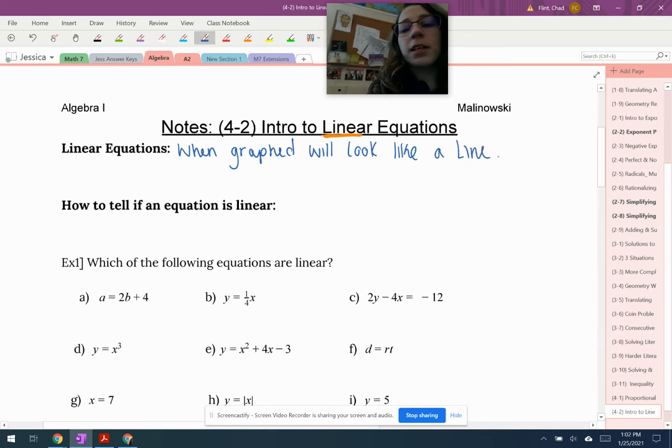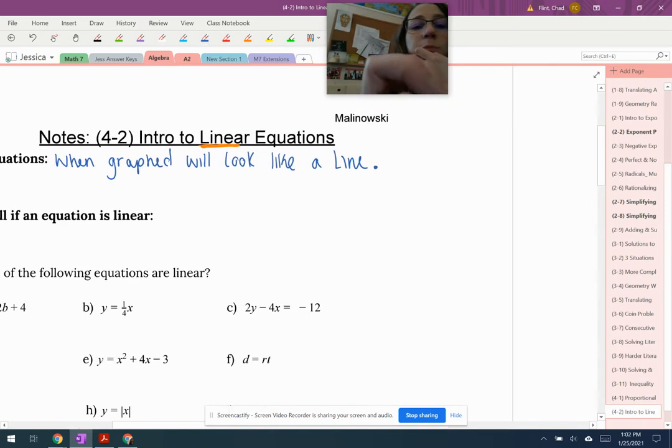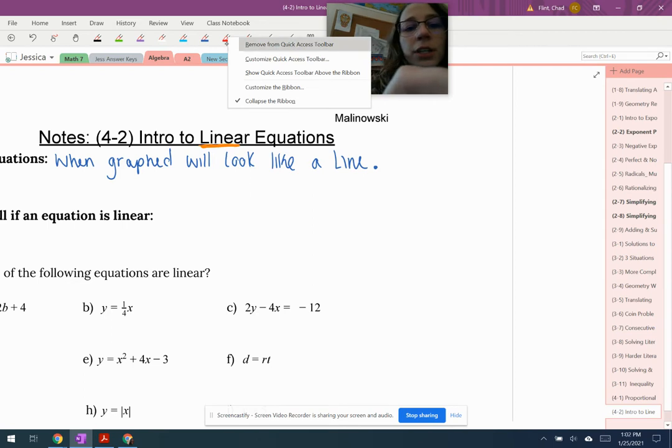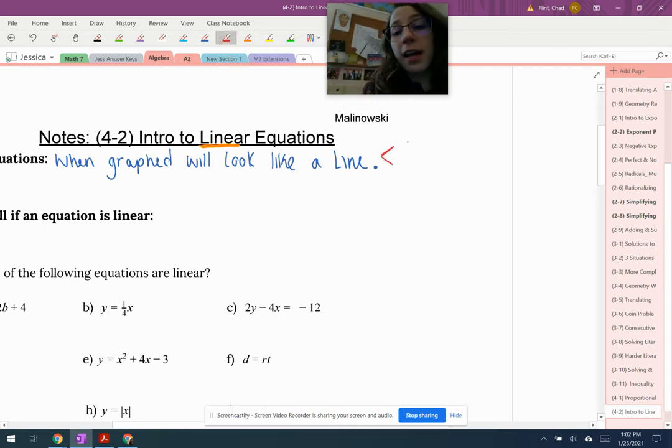And the reason I'm not saying a straight line is because all lines are straight. If it's not straight, then it's not a line. All lines are straight. Boom.